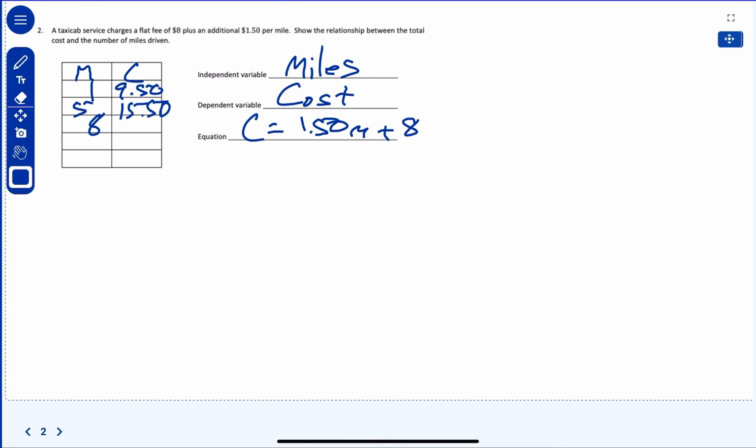$20. Guys, you need to be practicing this. Use your calculator. All right, we'll go 10 miles here. Should be right.